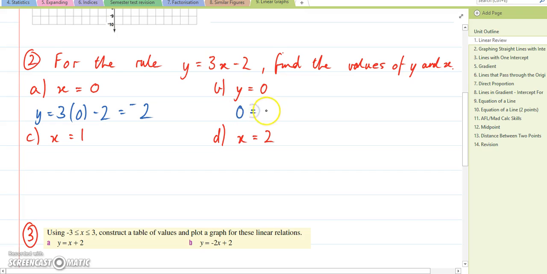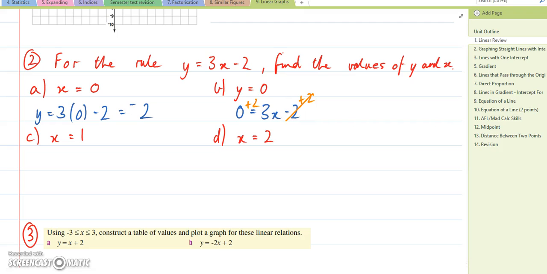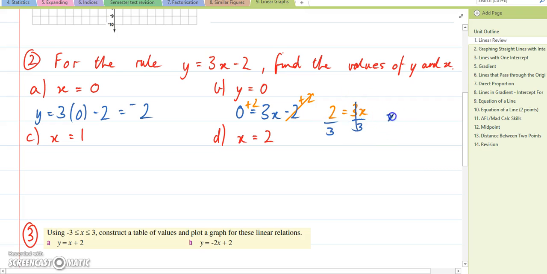When y equals 0, we end up with this. I am going to add 2 to both sides, which gets me to 2 equals 3x. And I'm going to divide both sides by 3, leaving us with x equals 2/3.